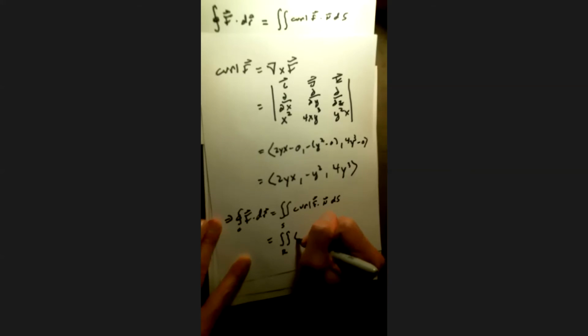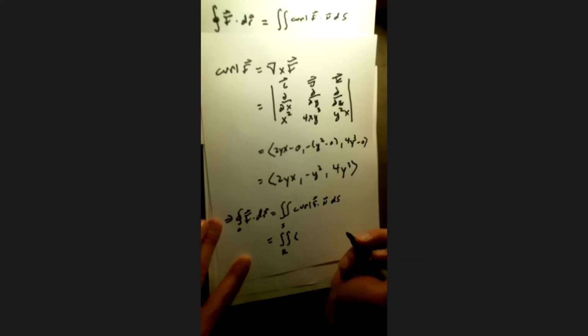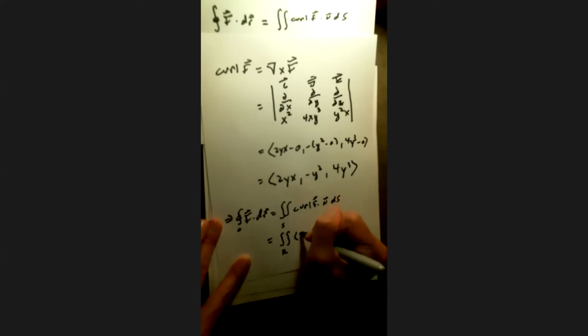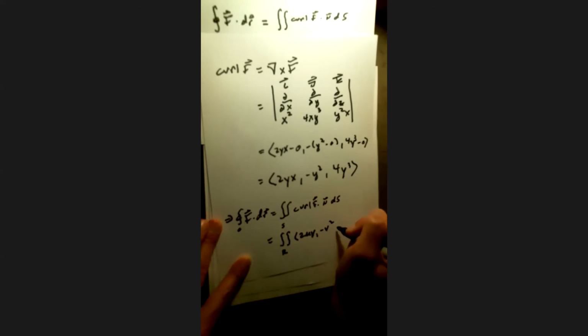So remember, x is equal to u, y is equal to v, z is equal to v as well. So this will be 2uv, minus v squared, 4v cubed, dotted with, what do we come up with, 0, minus 1, 1.